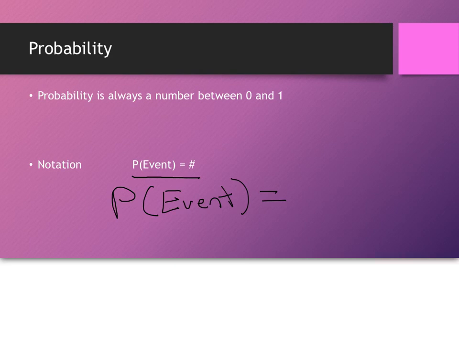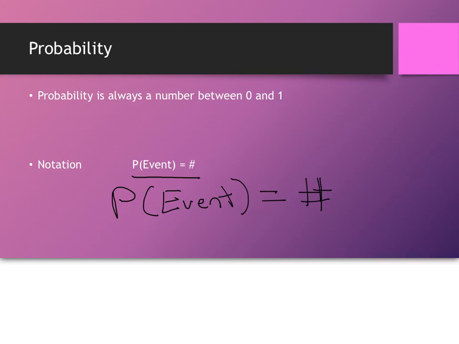All right, you should have seen function notation by this point in your career. So it's very similar to function notation. Probability of the event is equal to, and we always have a number out here, and this number is our probability. Now, one thing about this number that I want to emphasize is that it always has to be somewhere between 0 and 1.